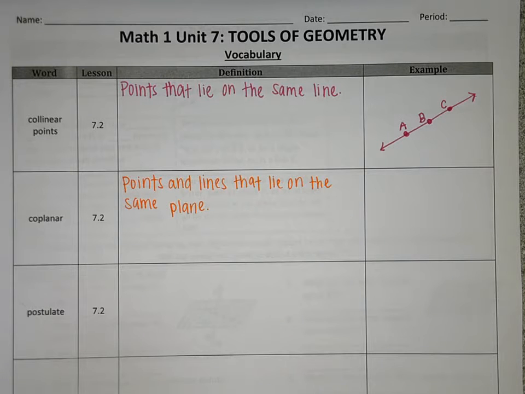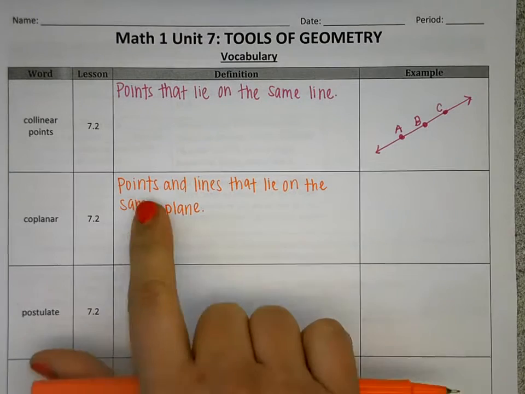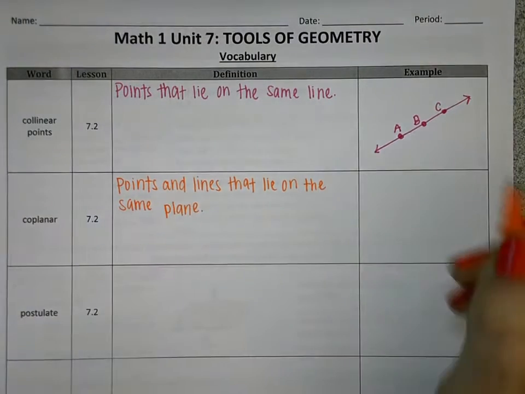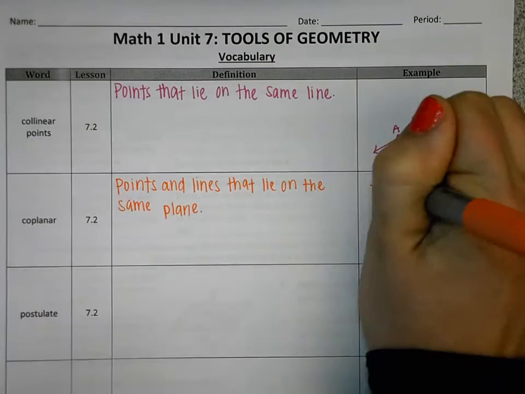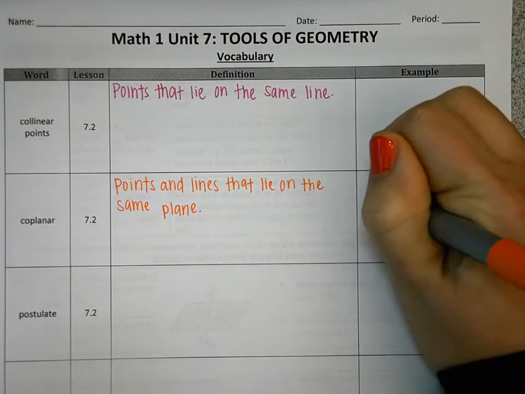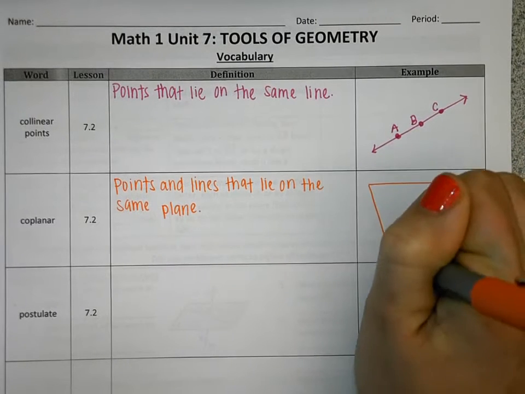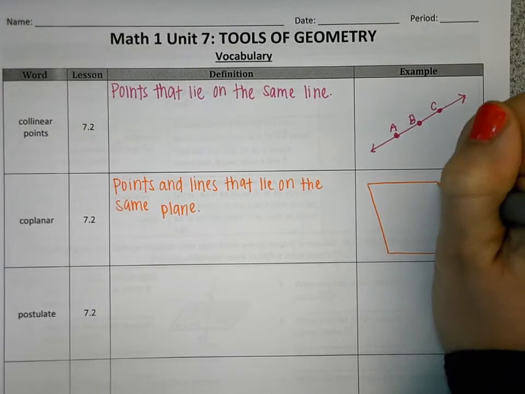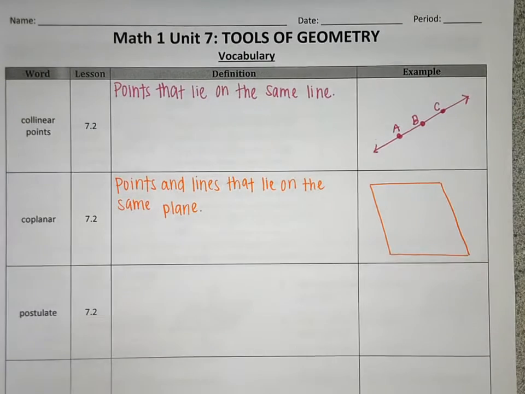A plane, just really quick before we write it down, is a flat surface that has no end and no thickness and goes on forever and ever, and points and lines can be on a plane. So that's why we say points and lines. When you draw a plane in geometry, it looks like a parallelogram to represent that it's a flat surface going on forever.